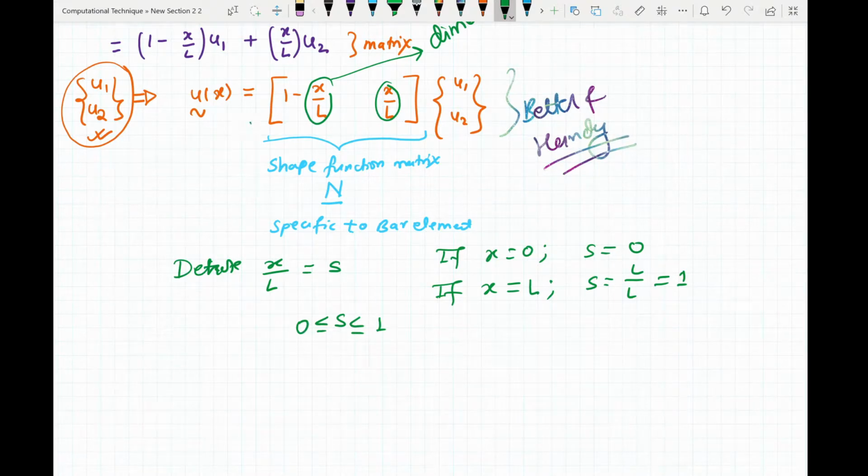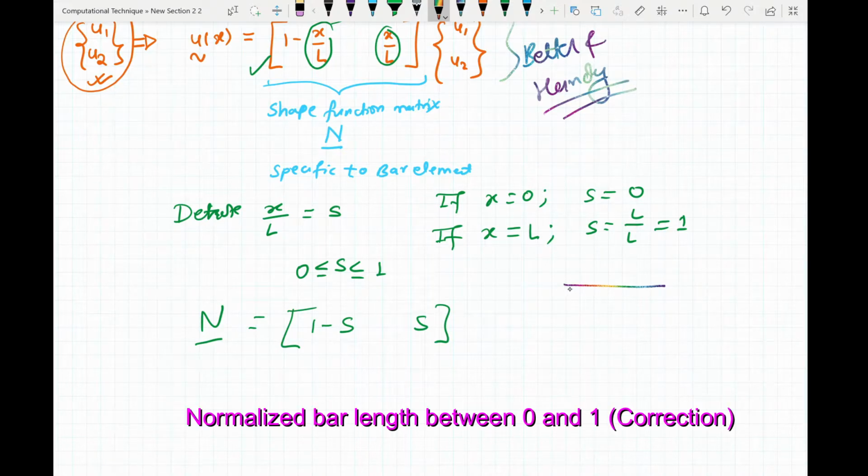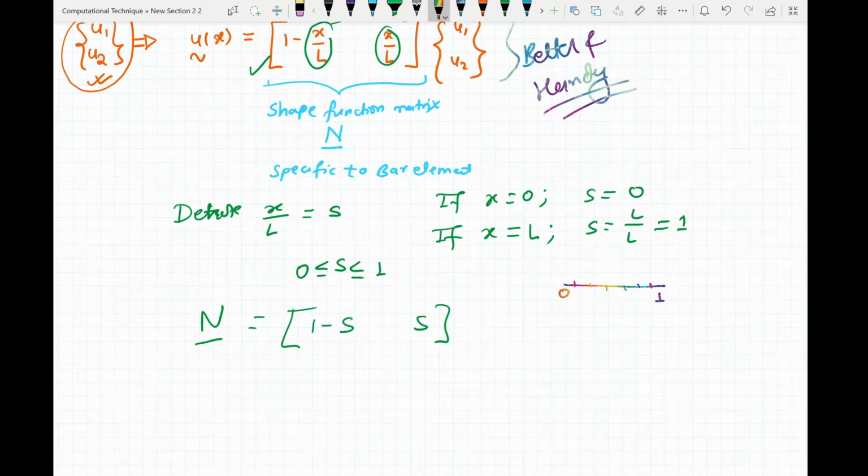Now you can write your shape function as 1 minus S and S. Now you see what this did is it normalized our displacement values between 0 to 1, which is easier to handle.